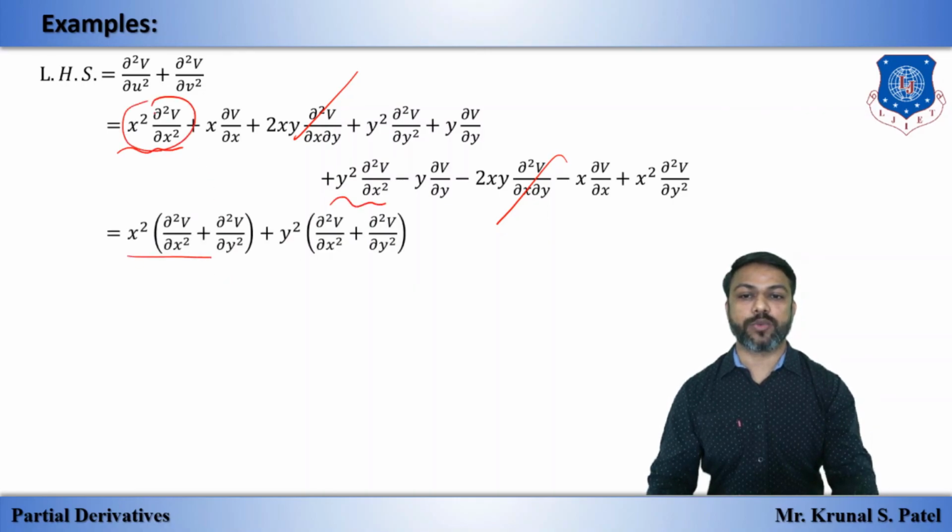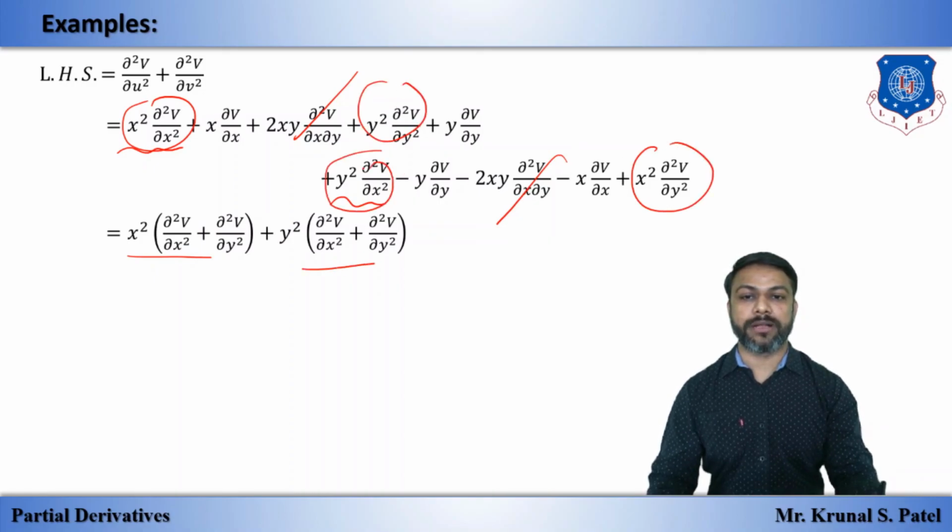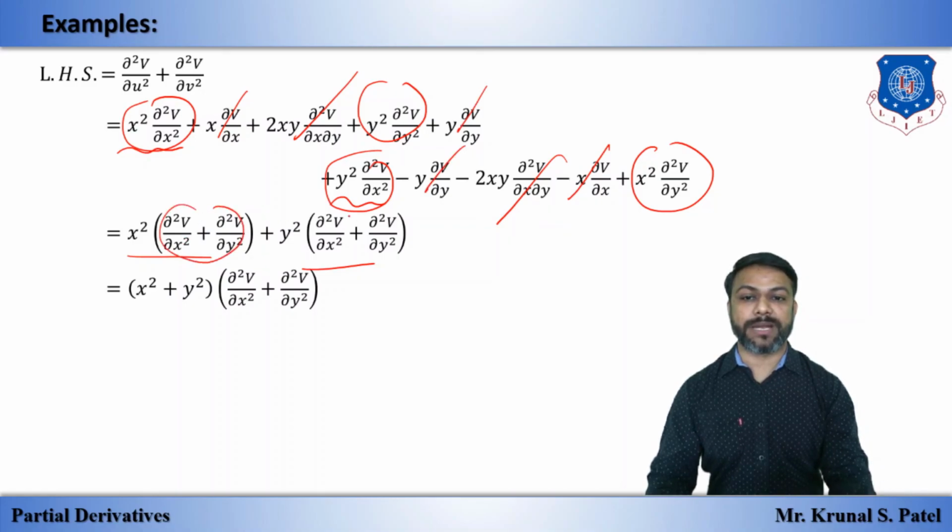We can take y square common, and we can cancel out this term with this term, and we can take this bracket common. So we have x square plus y square, and this is our right hand side.